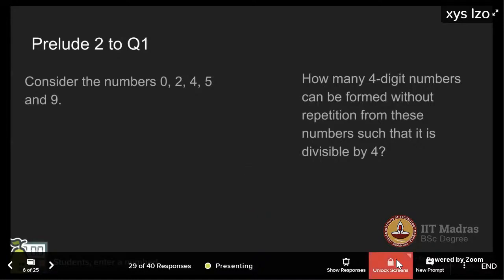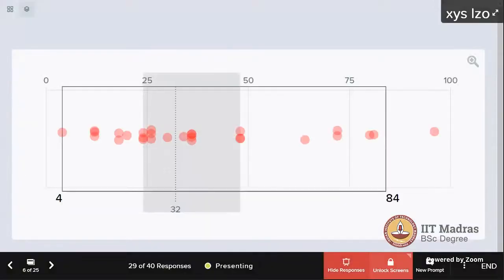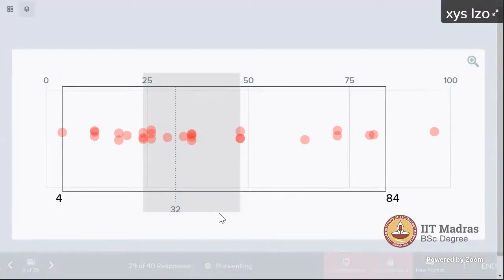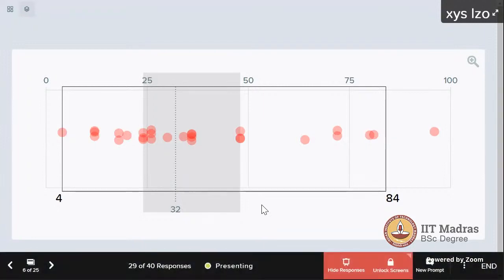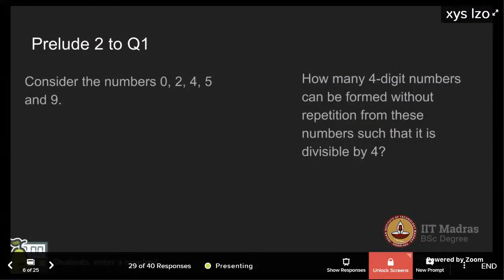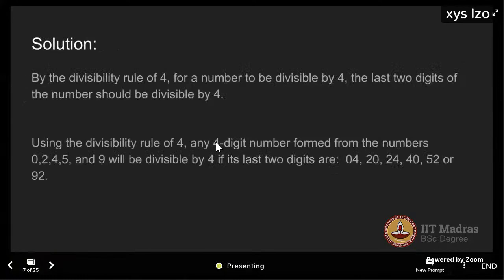Okay, I think we can move forward to the solution. The answers are very scattered for every one of you. Okay, let's move on. So first you all must know the divisibility rule of 4.